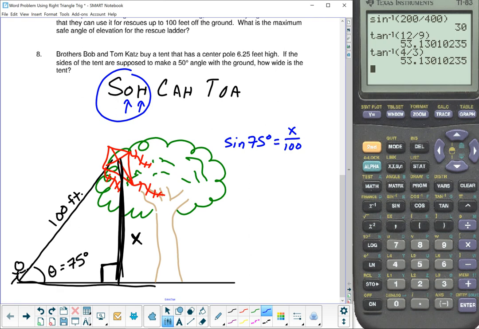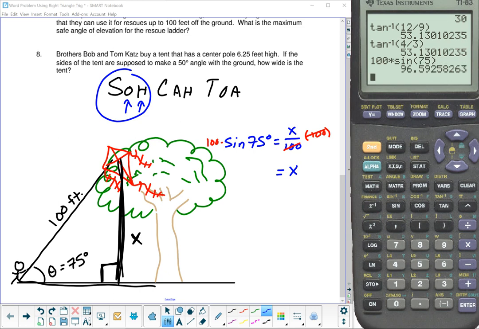Right, this one's pretty easy. Multiply both sides by 100. The 100s cancel, and we get x equals 100 times sine of 75. So I'm just going to use a calculator. That gets me 96.59, or 96.5, or 96.6. We'll go 96.6.